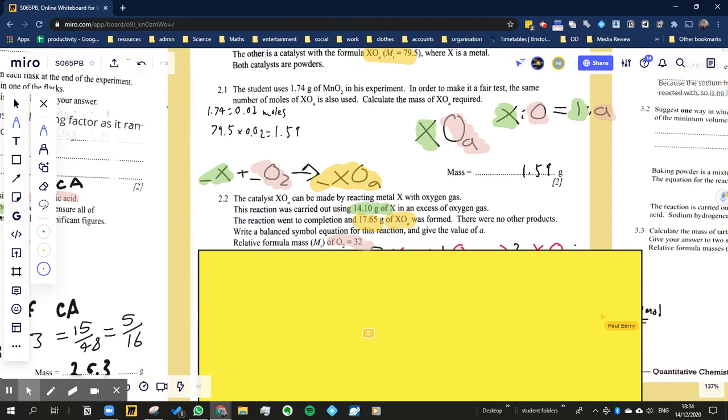What we want to know is how many grams of oxygen reacted, but luckily we've got the mass of XOA, 17.65 grams. So if we do 17.65 minus 14.1, then that remaining mass must have been the oxygen.